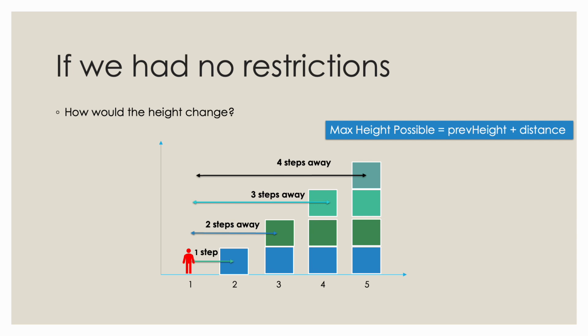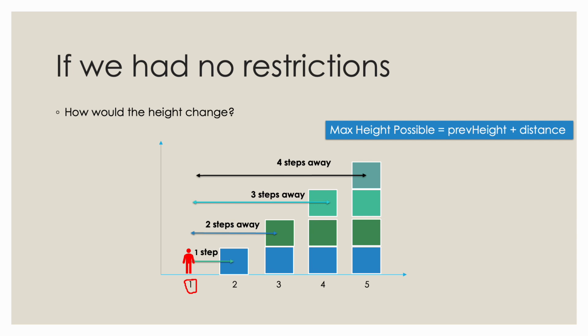Let's say I'm standing at this place, building 1, and the restriction is only on building 1, which has height 0, and then we have no restrictions. So what would be the maximum height possible at any particular place? Here my previous height is 0, right? And I am one step away from this building.